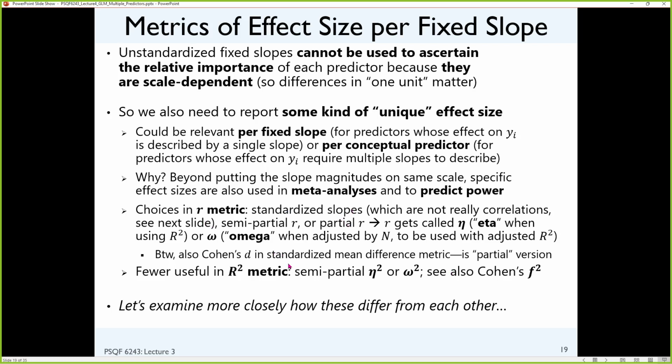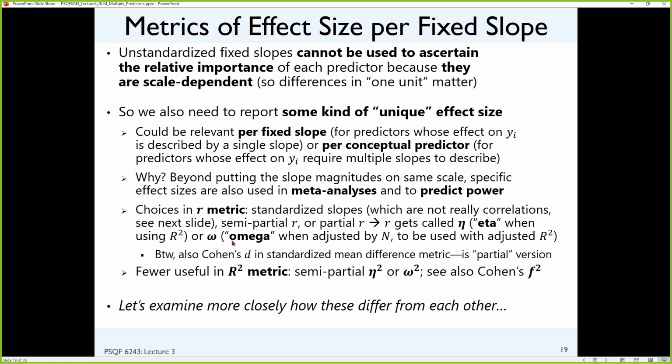And this is where we hit into things that are functionally labeled differently but are secretly synonyms. So things that are called eta, this Greek letter right here that looks more like an N than an R, that is in an R family. So those are in a correlation metric where it's -1 to 1 is the range, and 0 means no relationship.